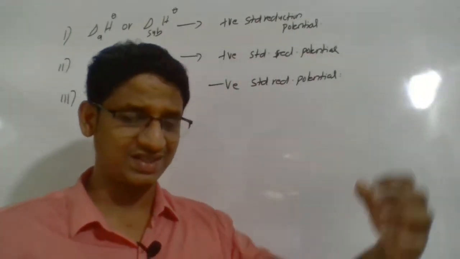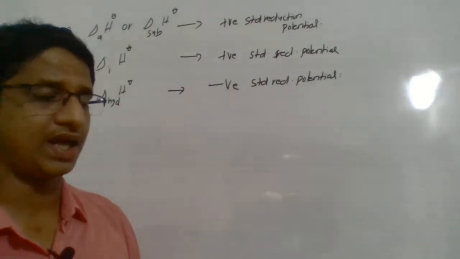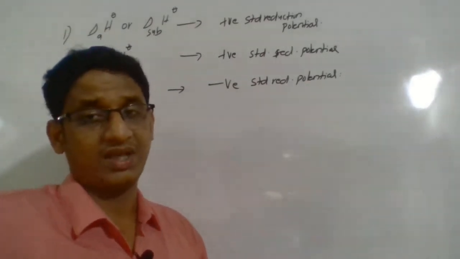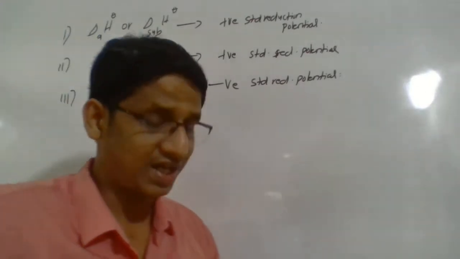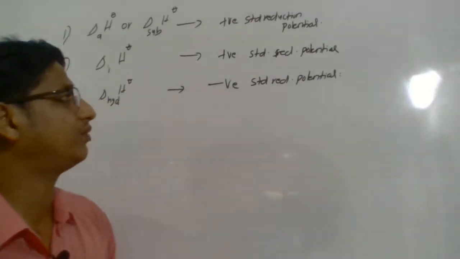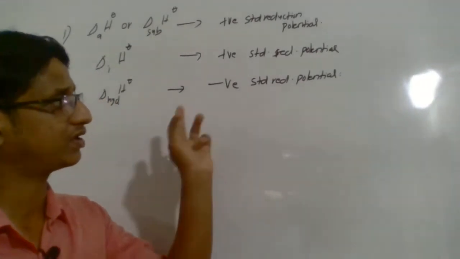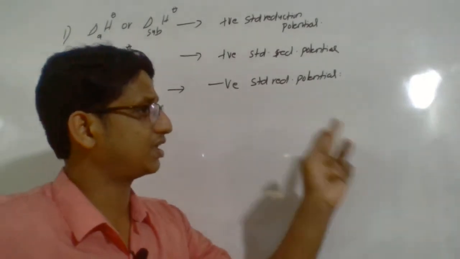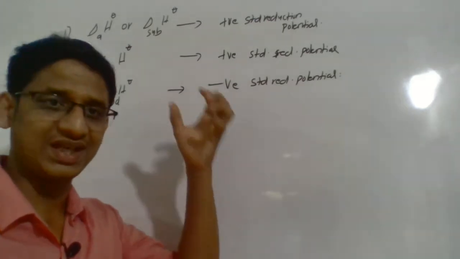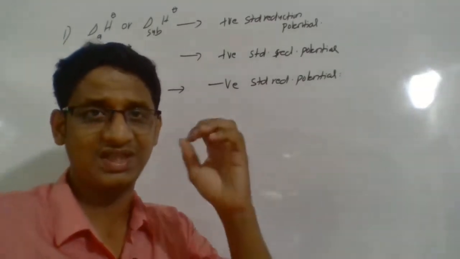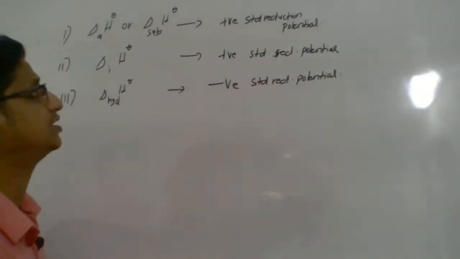When energy is released thermodynamically, it has a negative value. So delta H is always negative for a standard hydration enthalpy. So you tend to get a negative standard reduction potential value if hydration enthalpy is higher. So these are the three factors which influence the standard reduction potential value.